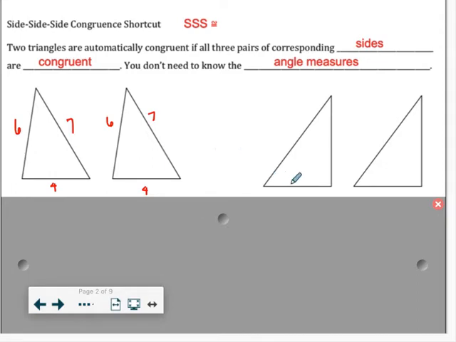I also could just say these are congruent because I'm putting tick marks: one tick mark on these two sides, 2 over here, 2 over here, and 3. Remember, the same number of tick marks says this side is congruent to this side. So that's 2 examples of triangles that are congruent by the side, side, side shortcut.